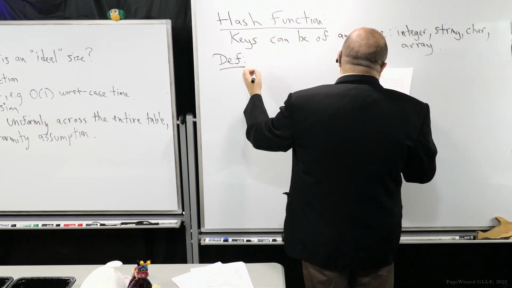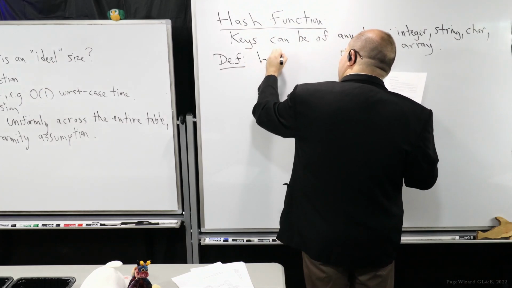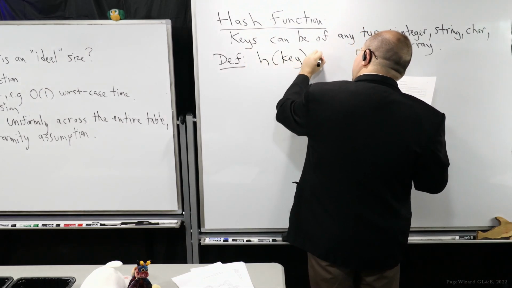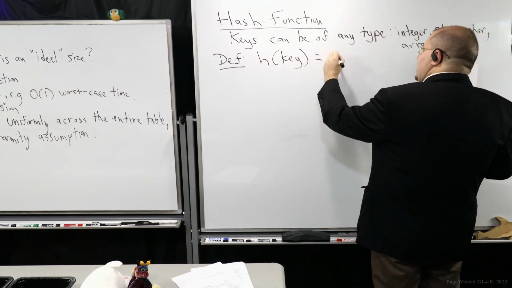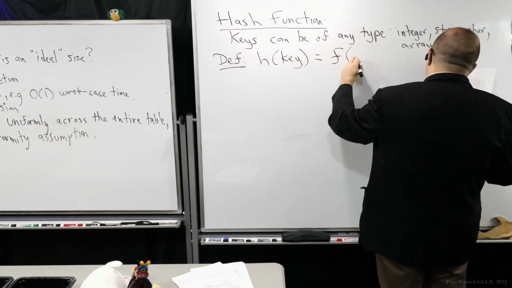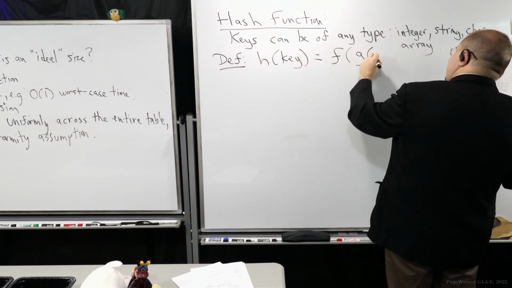So there are two elements to a hash function. Let me just define what a hash function is. Suppose it's a function h that takes in a key and it's actually composed of two functions, f of g of key.